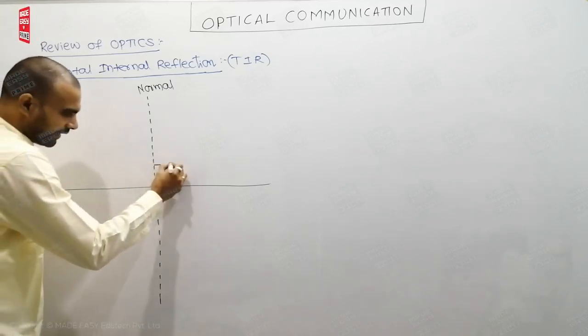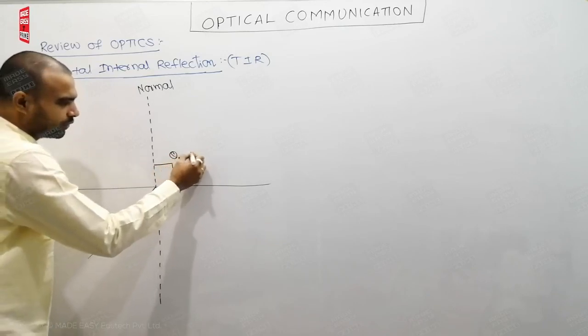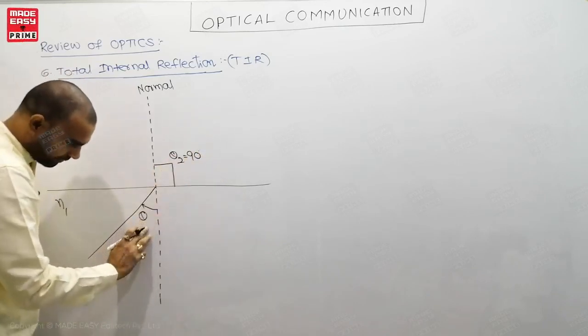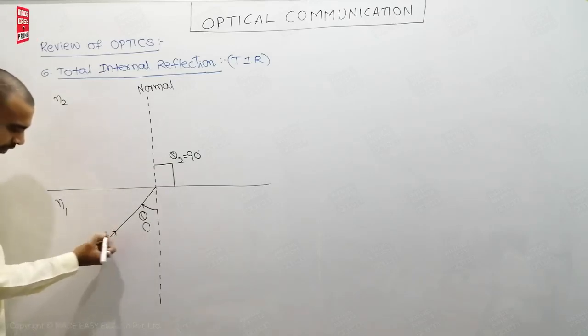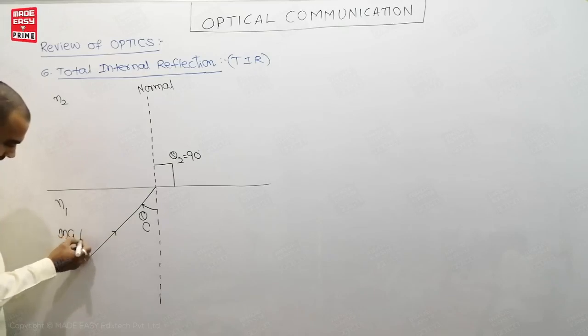Now see here, the angle of refraction theta 2 is equal to 90 degrees. Theta 1 now becomes equal to theta c, that's the critical angle. This ray is called the incident ray.